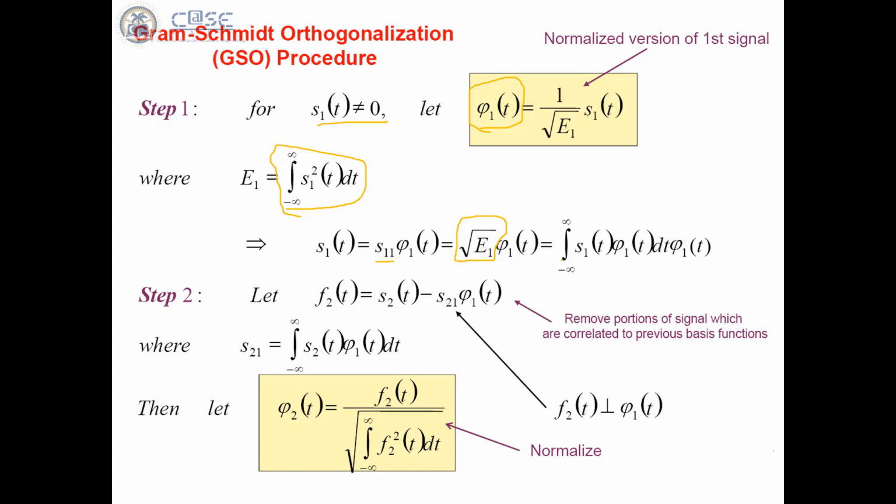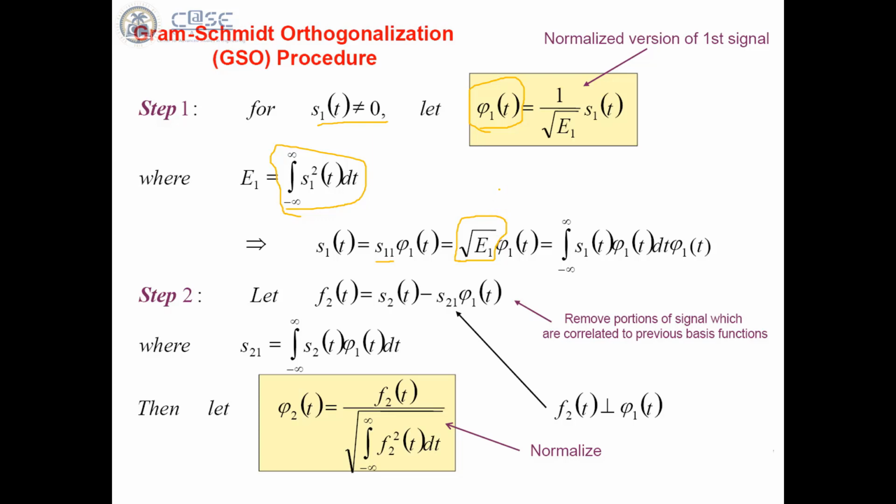integrated over the orthogonality period 0 till T. This will be equivalent to the energy of the signal E1 divided by under root of E1. E1 divided by under root of E1 will give you under root E1 in the numerator, right? So you can calculate them on a piece of paper very easily.